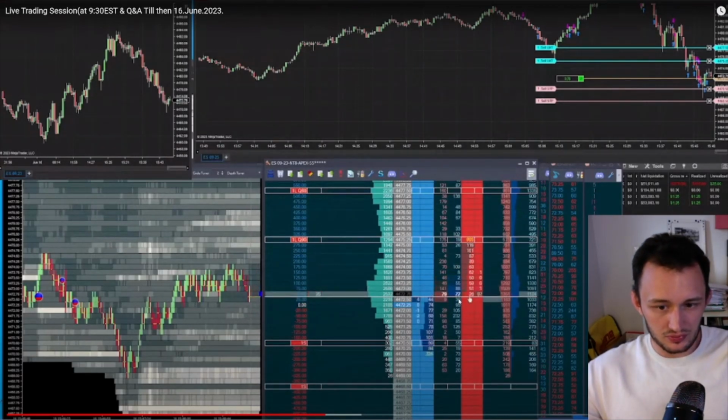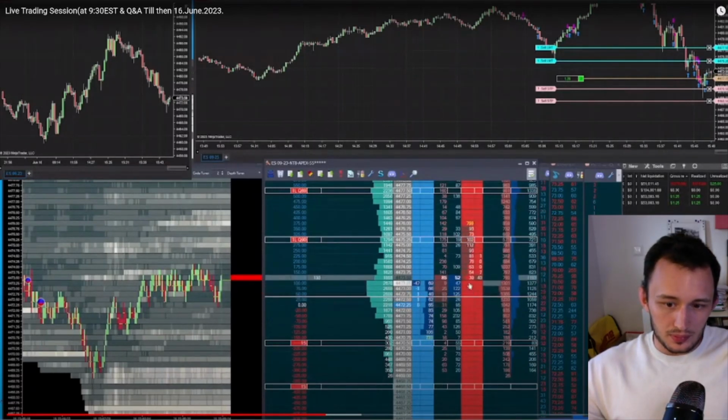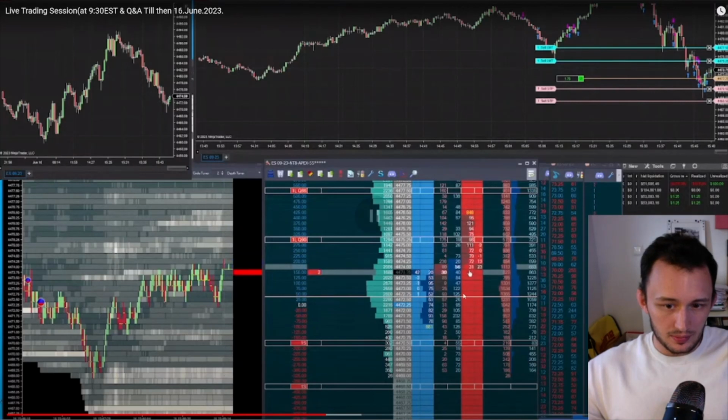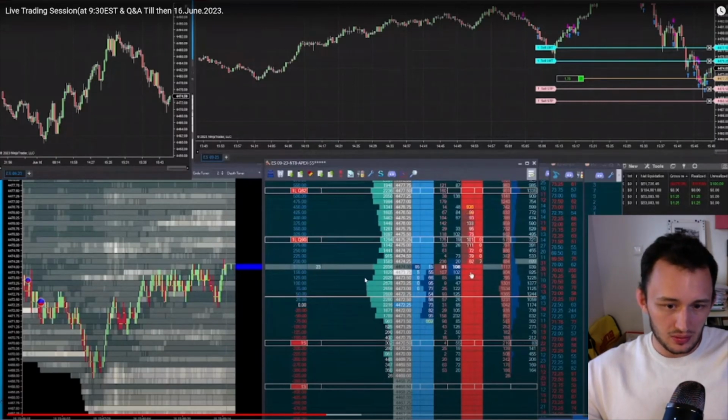Now we're falling for the first time a bit, below my entry for the first time, but again, we immediately find buyers and just rip higher here. Right now, this bell curve is extending because we're building volume here. So now the low node is kind of 74.50 here.